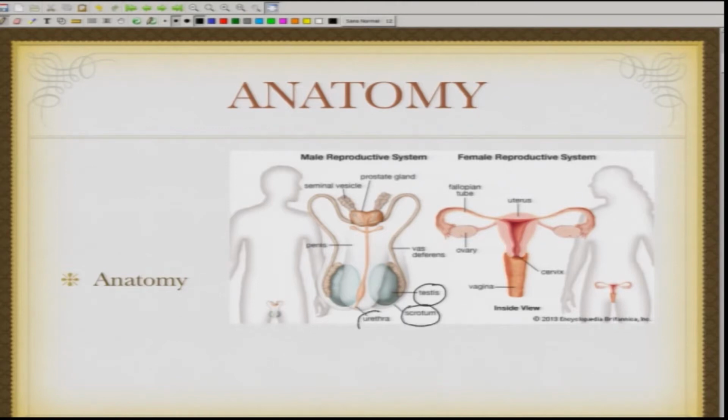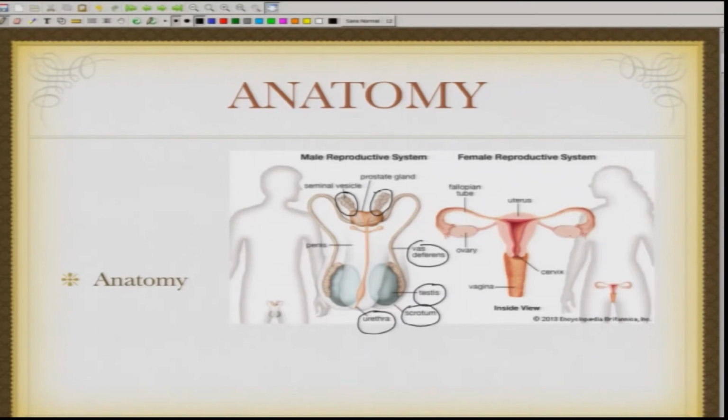The urethra, which is part of the penis, is involved in draining out the urine. You have the vas deferens, which is connected to the prostate gland here, and here you have the seminal vesicle. The seminal vesicle is involved in forming the fluid in which the sperm are suspended.